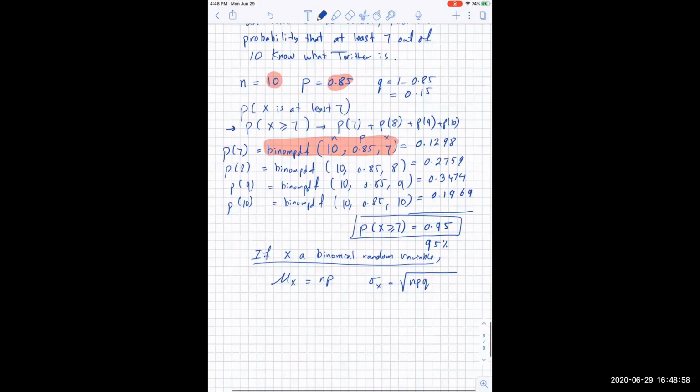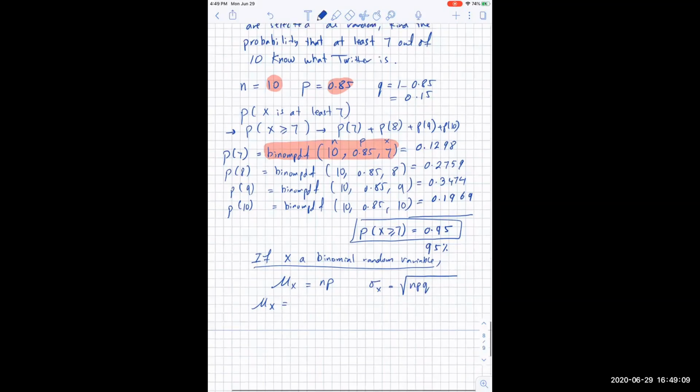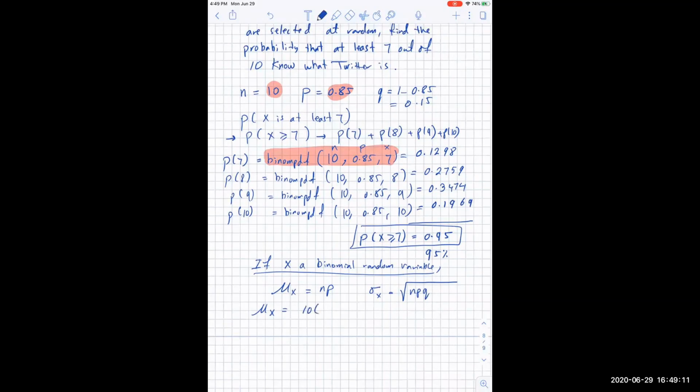Which means for the Twitter example, what is the expected value or the mean value of X? Well, let's see, what is the number of trials? n is 10. What is the probability of success? 0.85, so that will give me 8.5.